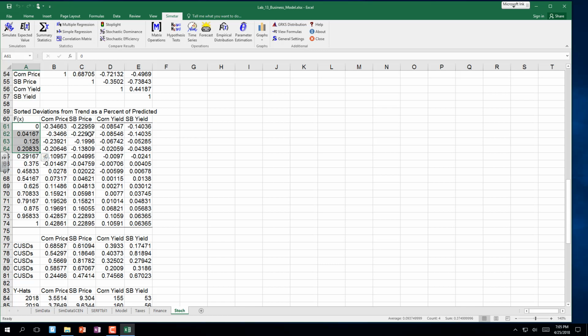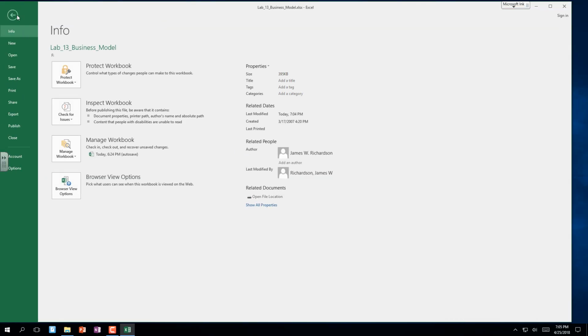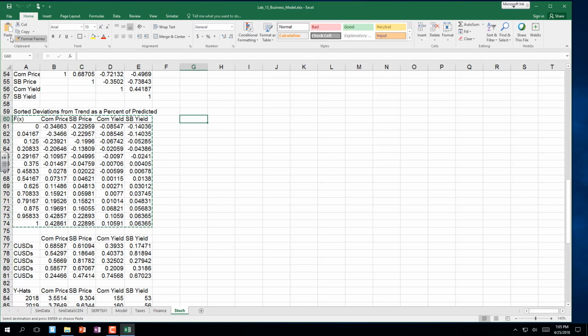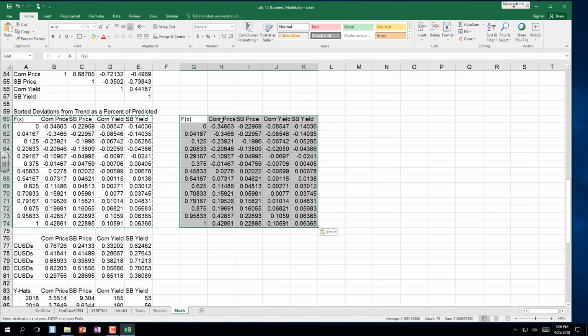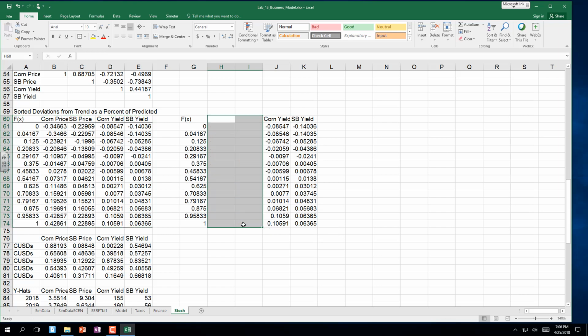Okay. So, what you can do is copy all of this over here, Command copy. You can paste it as values. Oops, don't do that. Paste as values. Then come here and manually delete these, and kill that one.